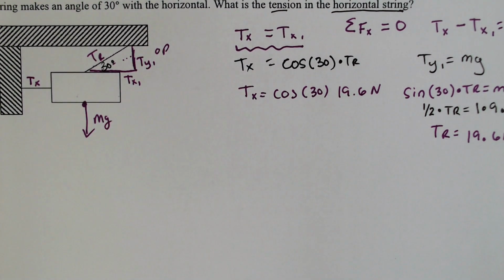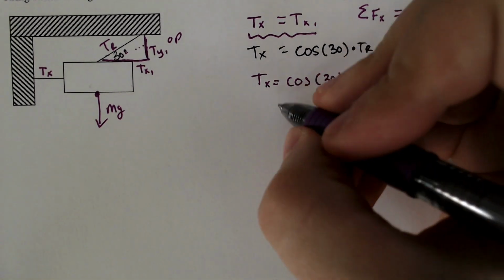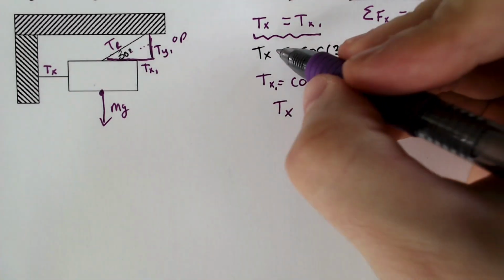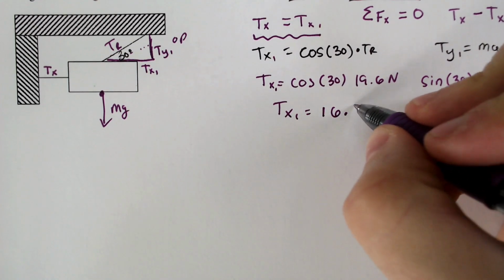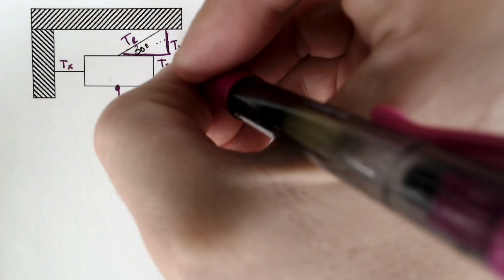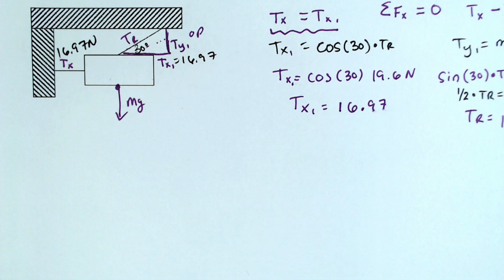It's square root of 3 over 2 times 19.6. And we get our final answer for the tension in the x department, technically x sub 1, will be equal to 16.97. And they're all the same. This part right here would be 16.97. So would this part right here, 16.97 newtons.